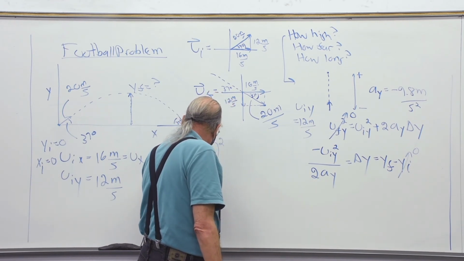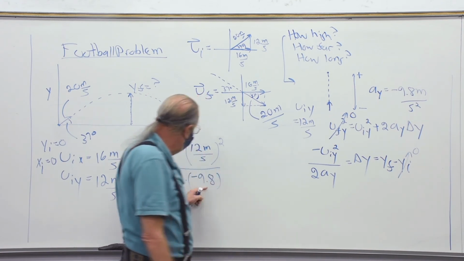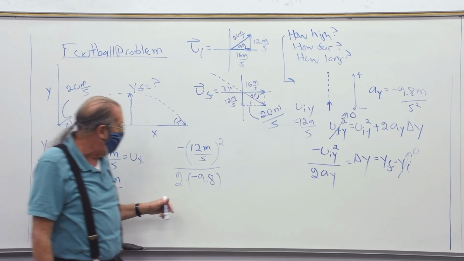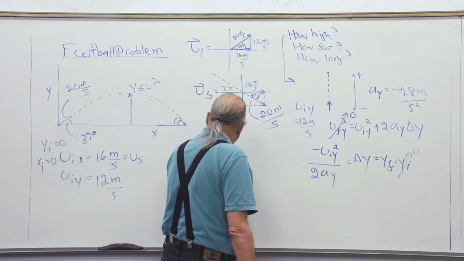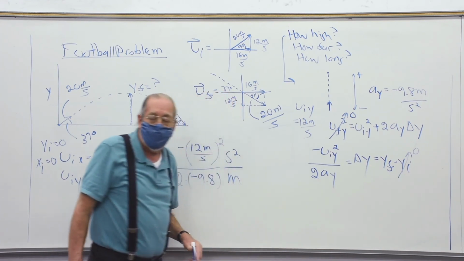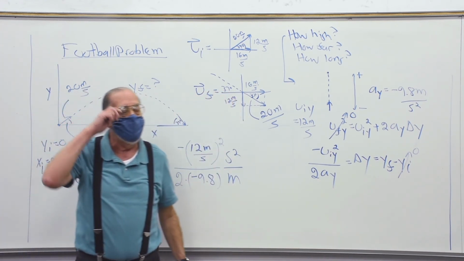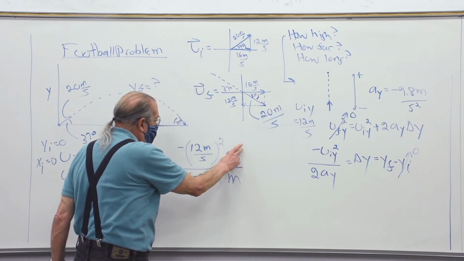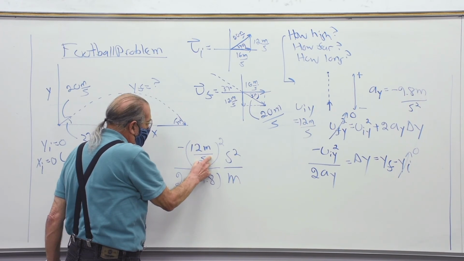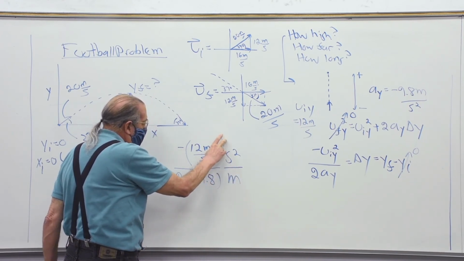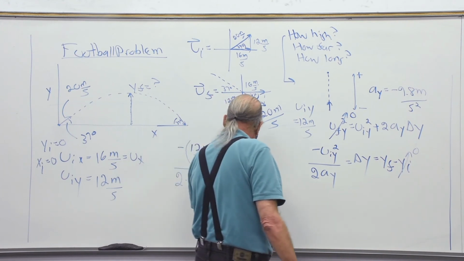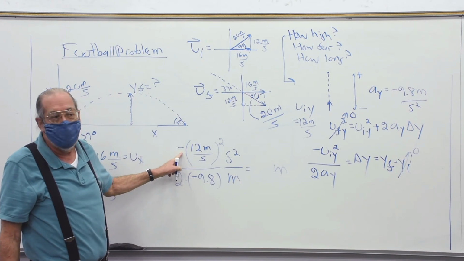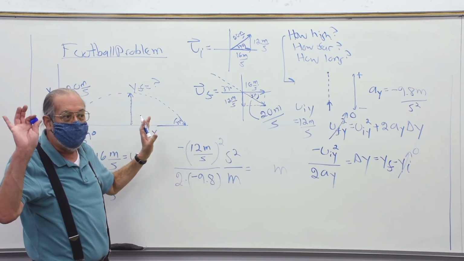Negative 9.8. Notice I put this in parentheses so it's not 2 minus 9.8, it's 2 times negative 9.8. And then we have seconds squared per meter because we reciprocate and multiply units when we divide by units. Notice you're going to get seconds squared, we'll cancel seconds squared. Meters go into meters squared, meters. And negative divided by negative is positive. We're going to get a positive answer.